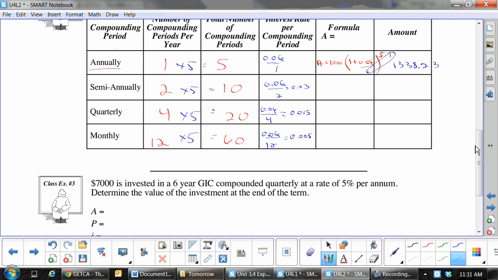So the next one would be A equals 1,000 times 1 plus 0.06 over 2 to the 5 times 2. Again, make sure you have that check in. And you'll get 1,343.92.